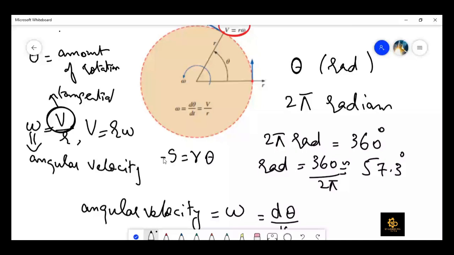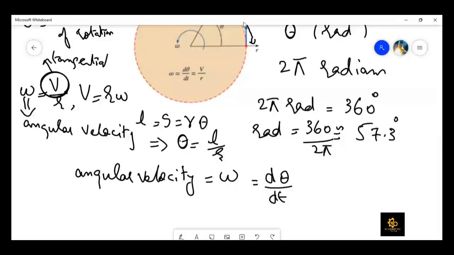This distance is L. So L is equal to r theta. From here we can say that theta is equal to L upon r. So L is that linear distance covered, which is the angular distance covered.